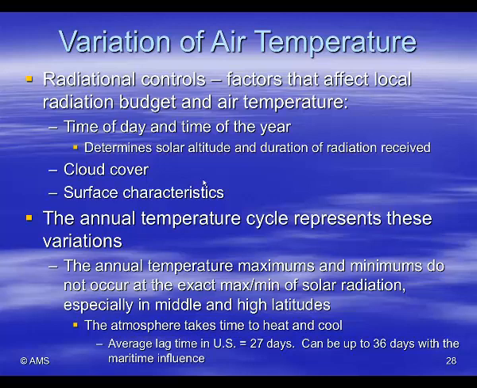It's usually a little bit past noon. The atmosphere takes time to heat and cool. The average lag time in the United States is about 27 days, and it can be up to 36 days with maritime influences. So, for instance, Atlantic City isn't going to heat up as fast in the summer, and it's not going to cool off as fast in the winter.